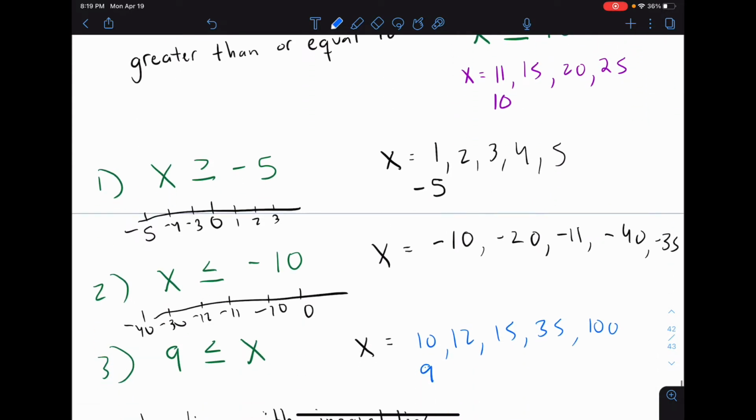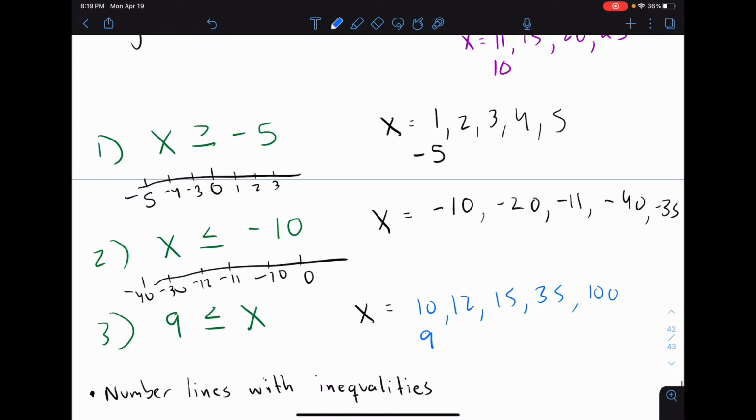Here are some examples. I have x is greater than or equal to -5. That means that everything that is greater, todo lo que está más grande que negativo 5, is my answer. I can have 1, 2, 3, 4, 5.